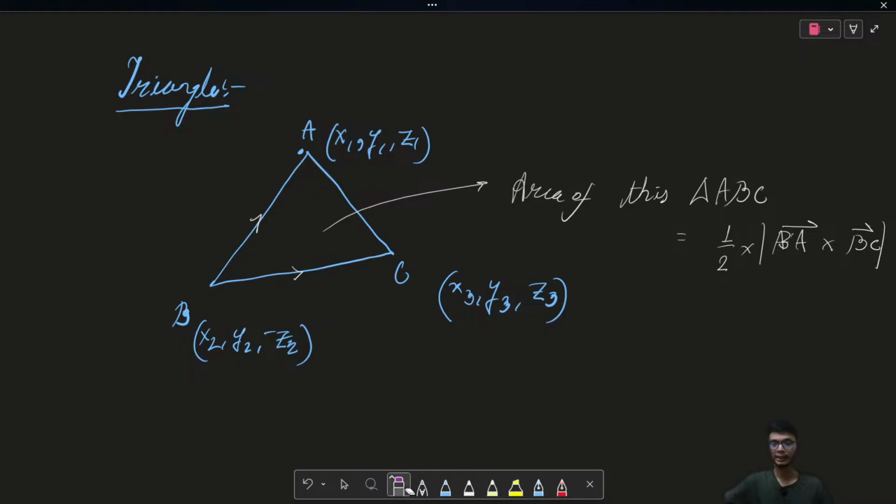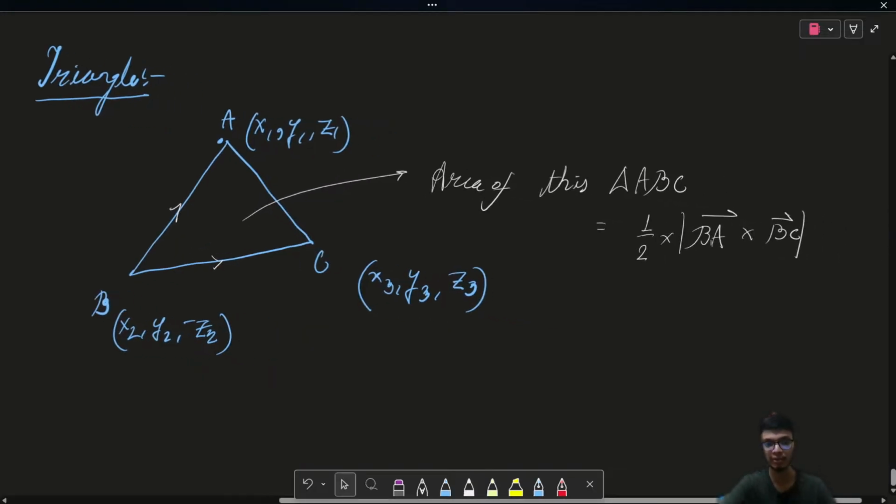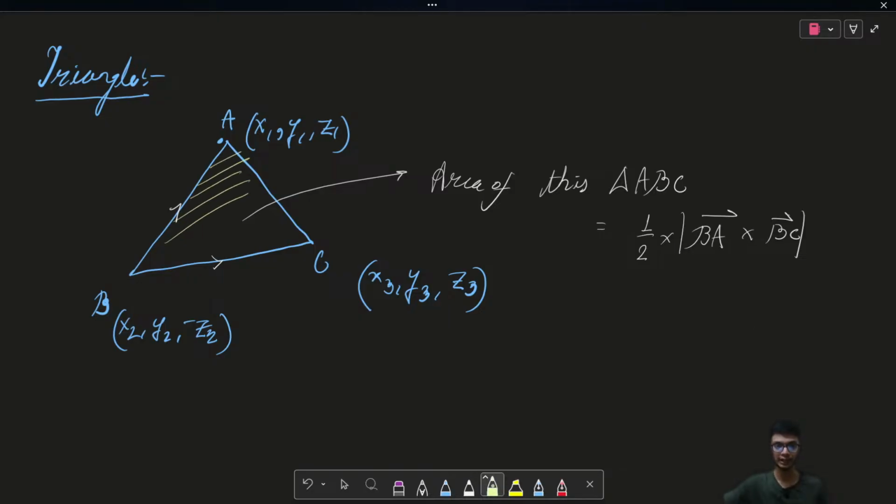If we find the magnitude of this cross product, BA vector cross BC vector, then we can simply find the area of this particular triangle, right? Now there is one more way to understand the area of a triangle in three-dimensional geometry, so that I'm going to discuss today.